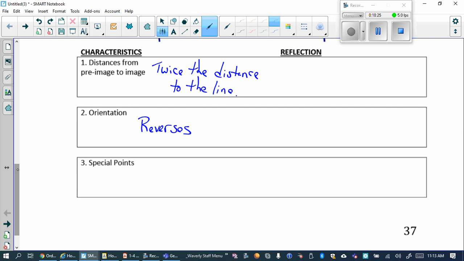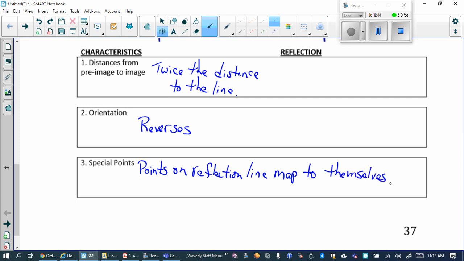So points on the reflection line map to themselves. In other words, that point P maps to itself, and it becomes P prime.